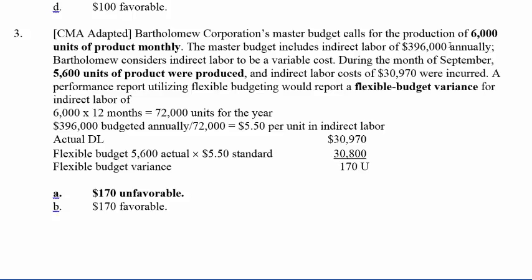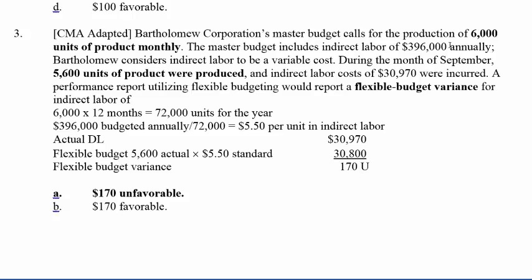That $396,000 can be broken down on a per unit basis based on the standard amount of time expected for indirect labor per unit times an indirect labor hourly rate. And that would give us the standard cost of indirect labor per unit.